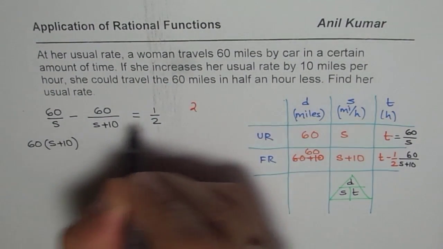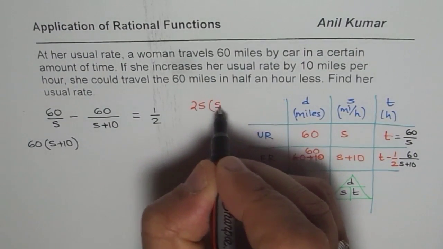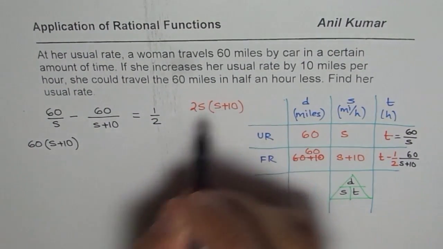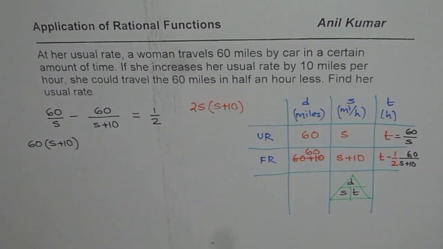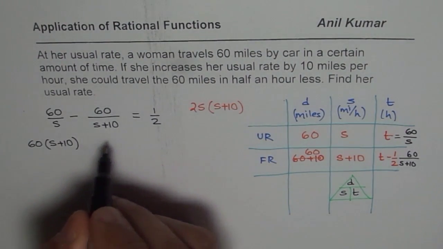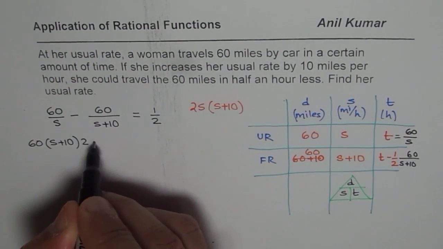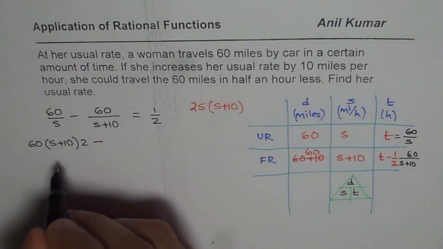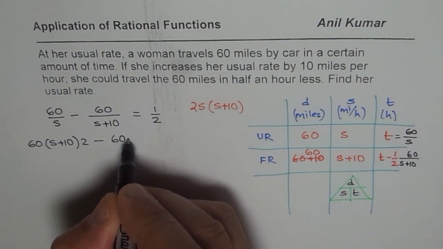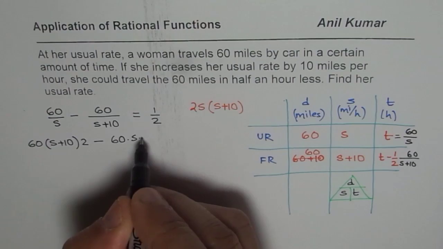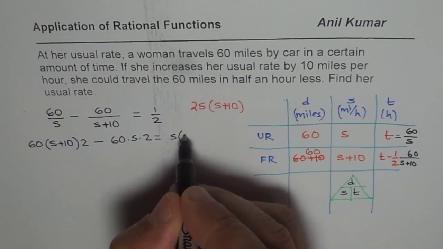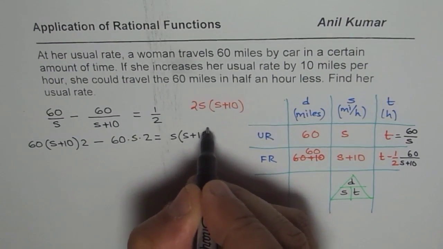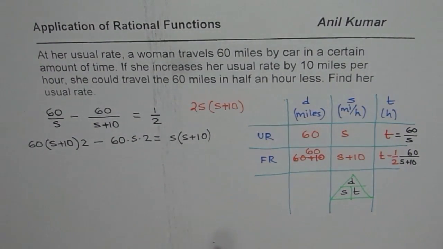It is 2 times s plus 10. So when you multiply the first term, s and s cancel. So it should get multiplied by 60 times s plus 10 times 2, right? Minus, this will be multiplied by 60 times s times 2 equals, here you will get s times s plus 10. Correct? That is how you should be doing.